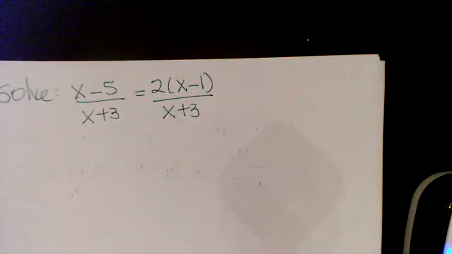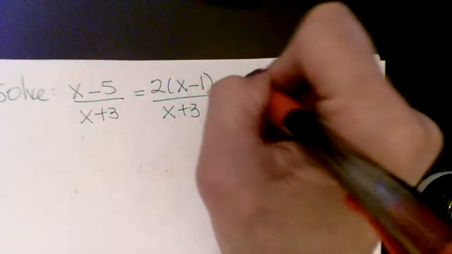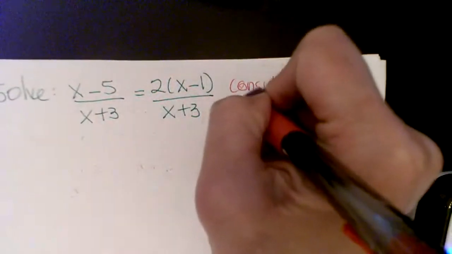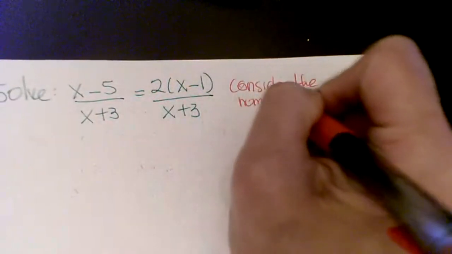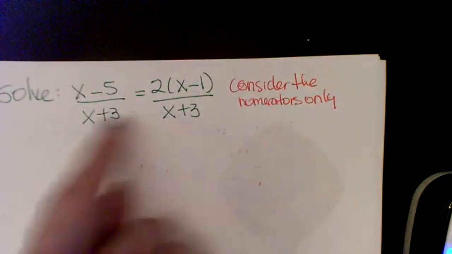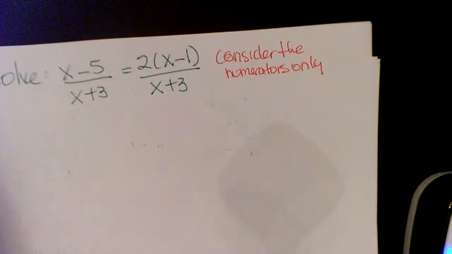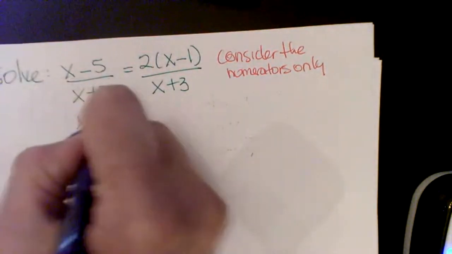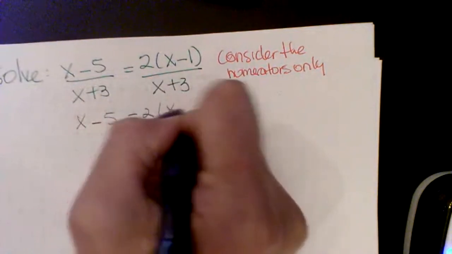And it says consider the numerators only. We have the same denominators, okay? So we have x minus 5 equals to 2x minus 1.